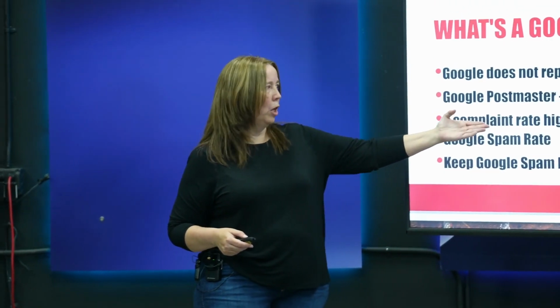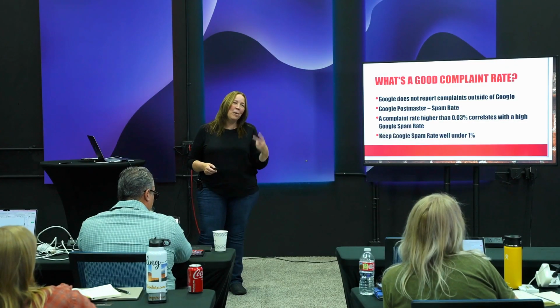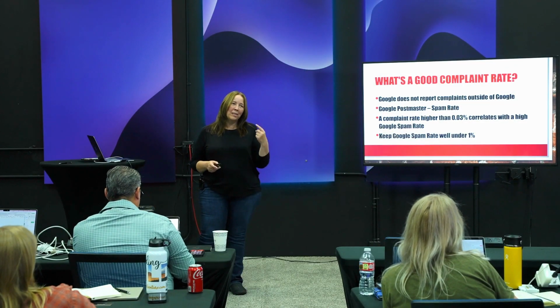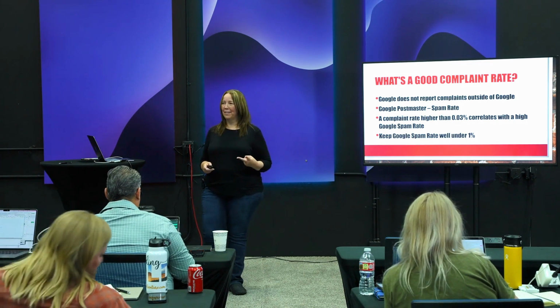The other thing is, when you see a complaint rate in Mailgun or SendGrid or in your software that's over the 0.03 or even over 0.08, understand there are ratios that come into play here. It's not just, oh boy, you hit 0.08, so we're going to hand slap you now. It's you hit 0.08, but you only sent 2,500 emails. So 2 people complained. And by the way, it was the same lady, and she complained about 2 different emails.